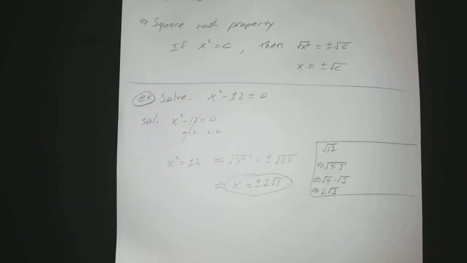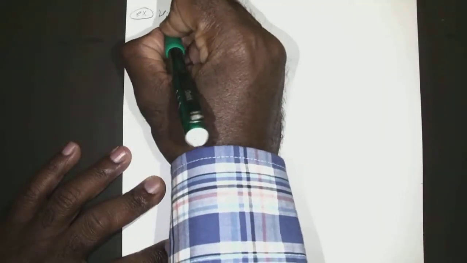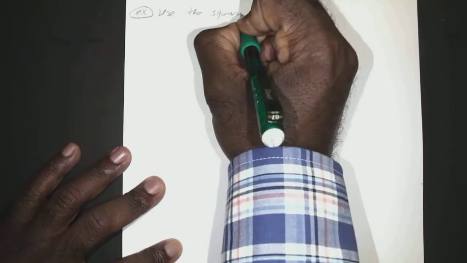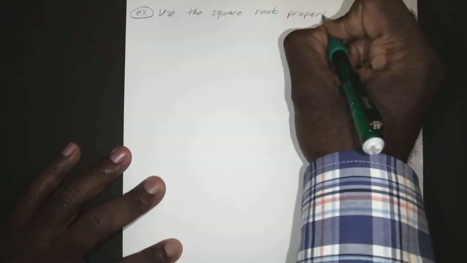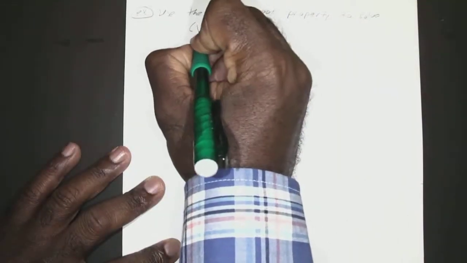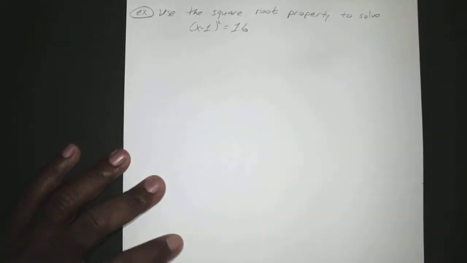All right, so for the next example, we want to use the square root property to solve x minus 1 squared equals 16.